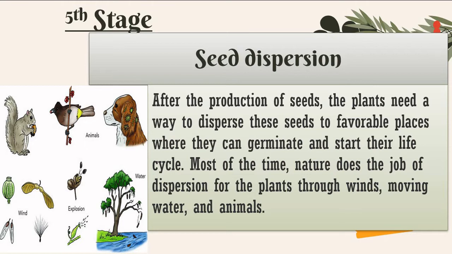Most of the time, nature does the job of dispersion for the plants through wind, moving water, and animals. But there are also plants whose seeds are surrounded by fibers that help them to glide in the air upon falling from the plant. During their glide, they reach very far distances and start their life away from their parent plants.